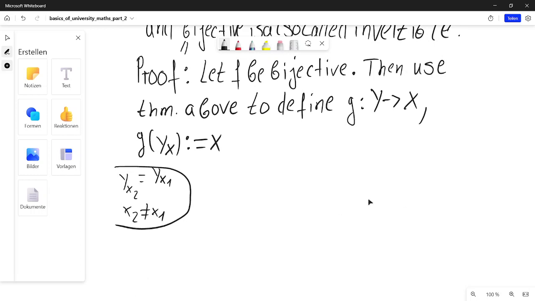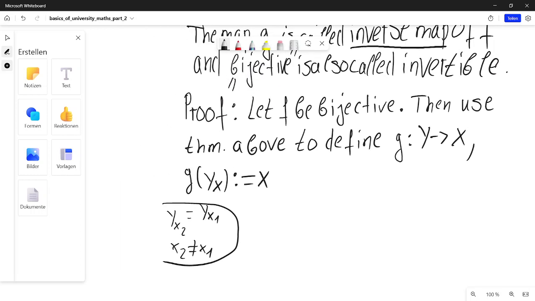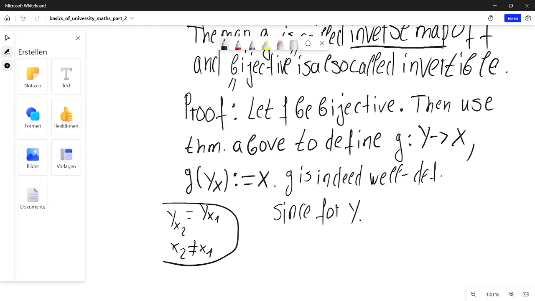So what we have, G is indeed well defined, since for x1, x2 we have x1 equal to x2 by those properties, right?